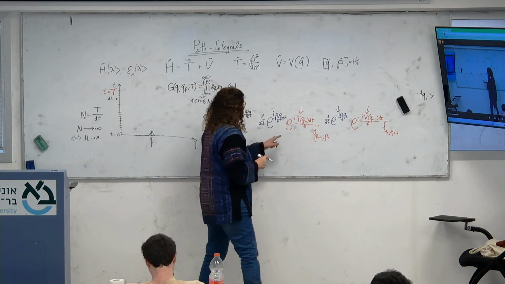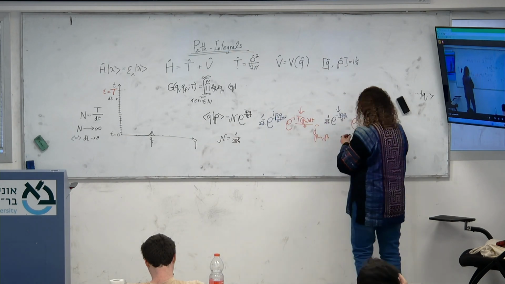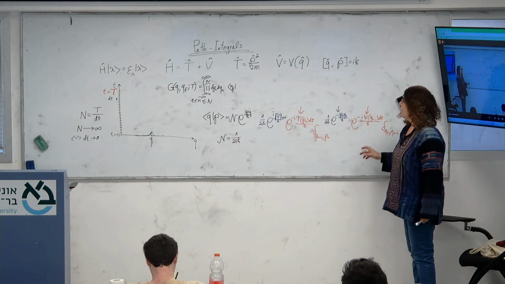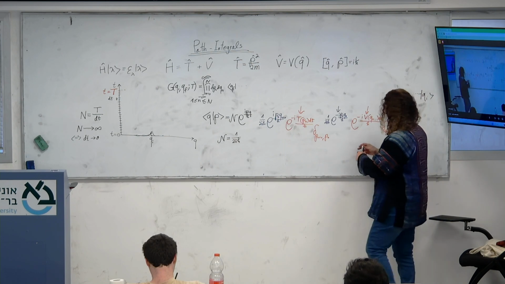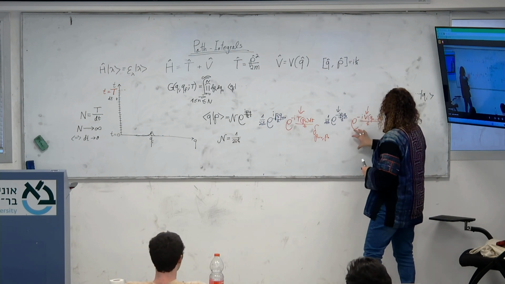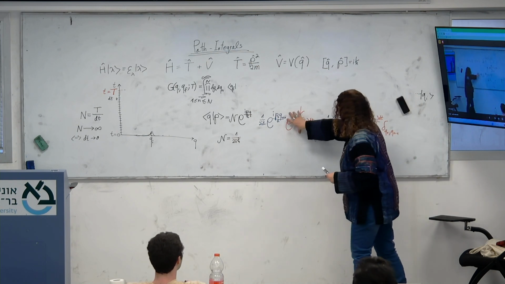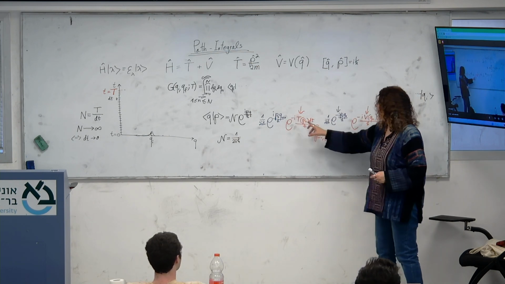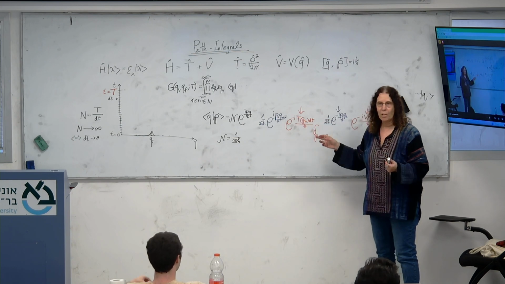But you see that here I can already collect them together in a compact way. Because, first of all, if I look at the exponent with the potential energy and the kinetic energy, now V of Q_n and T of P_n are c-numbers.